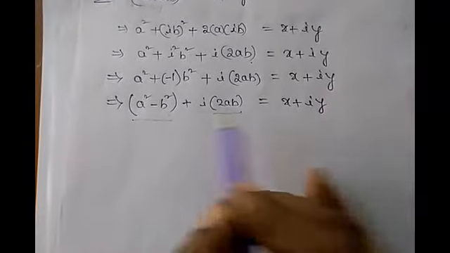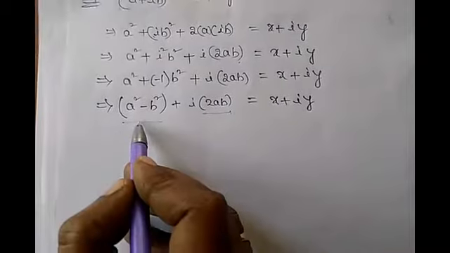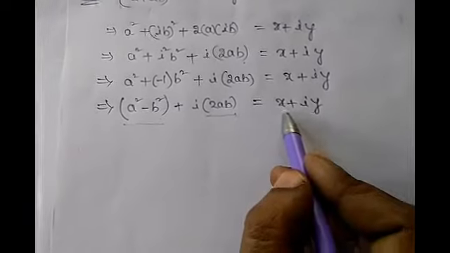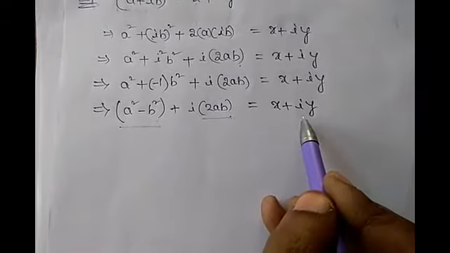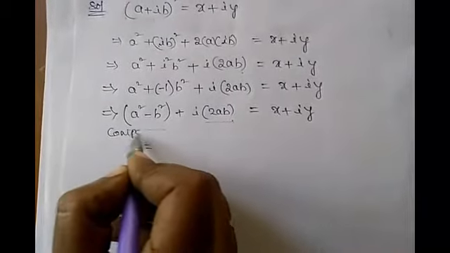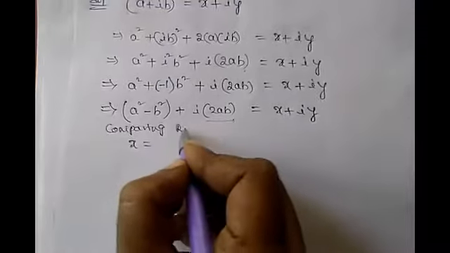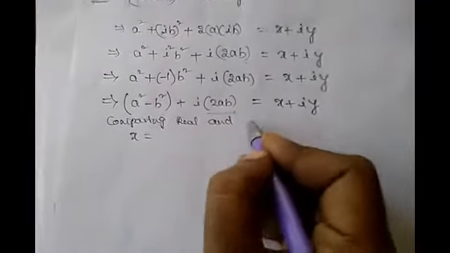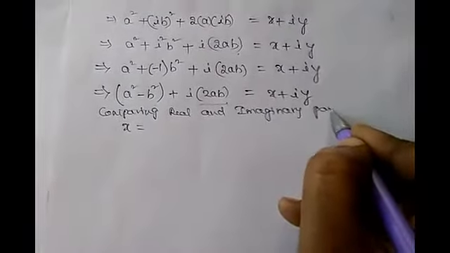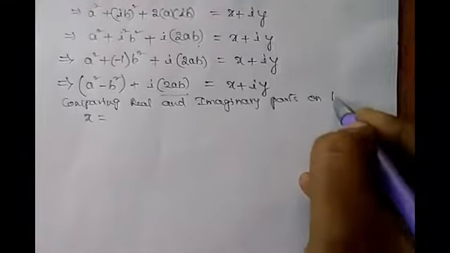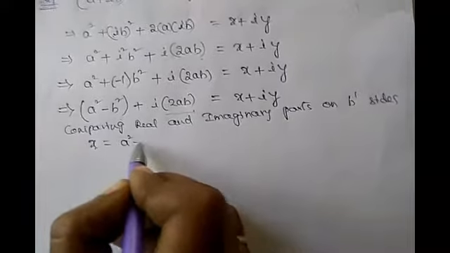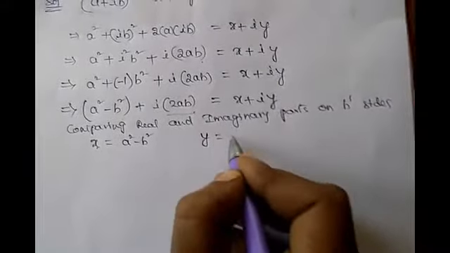So, comparing real and imaginary parts on both sides, you get x is equal to a square minus b square and y is equal to 2ab.